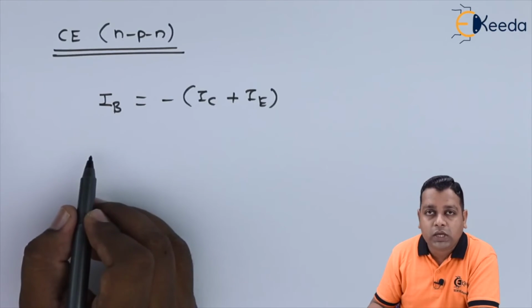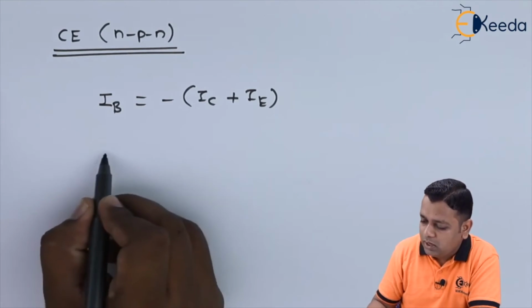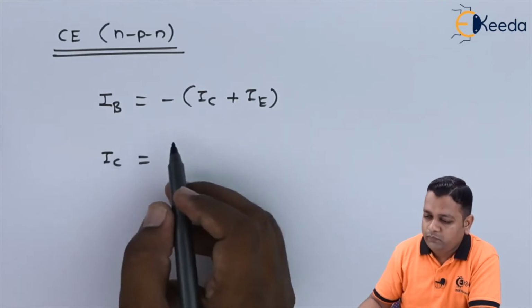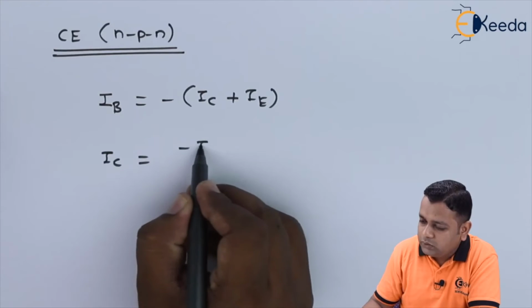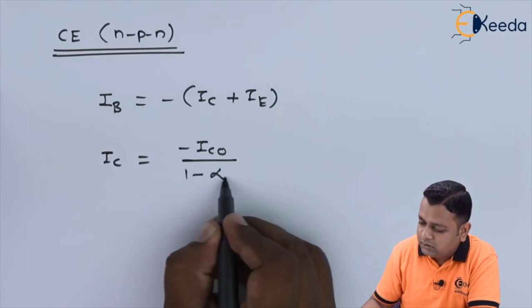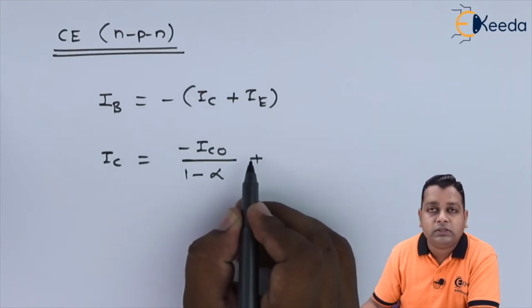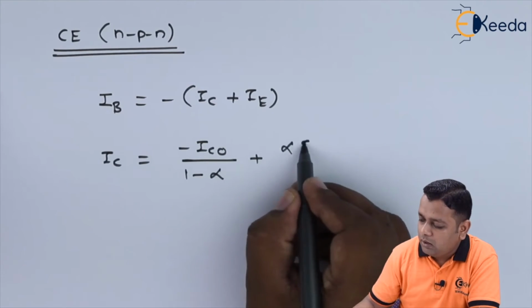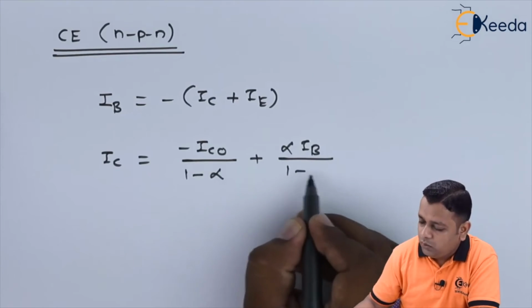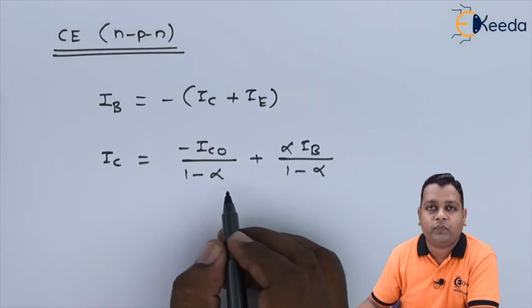Now we also express the output current, the collector current IC, as minus of ICO divided by 1 minus alpha, the gain, added with alpha times capital IB divided by 1 minus alpha again.